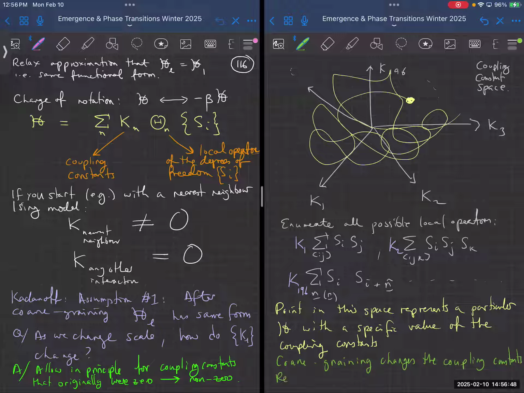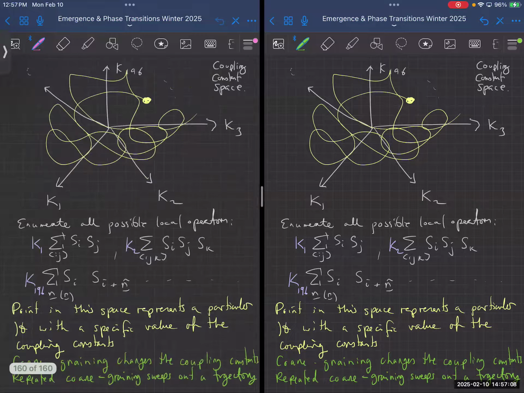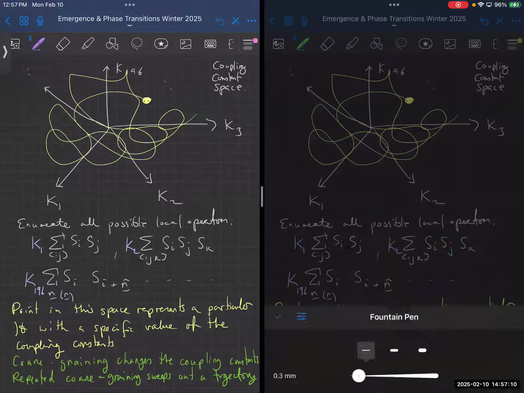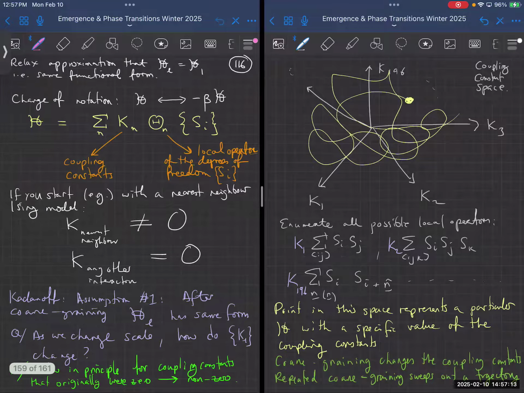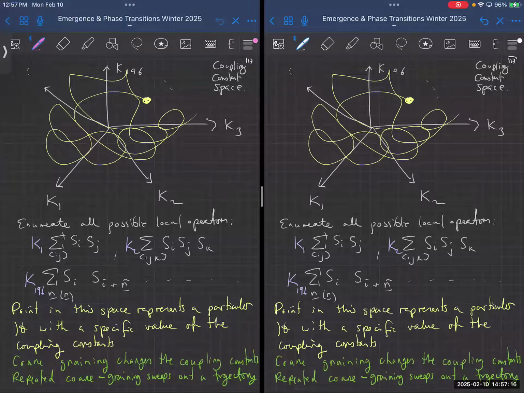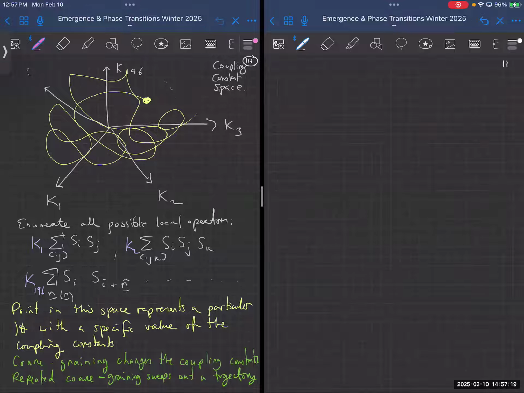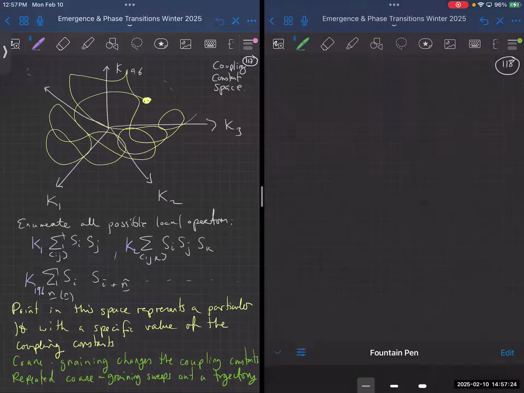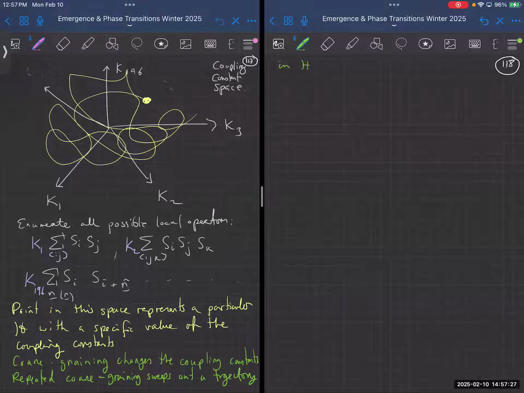And repeated coarse graining sweeps out a trajectory in coupling constant space, or in a Hamiltonian space, I should say.